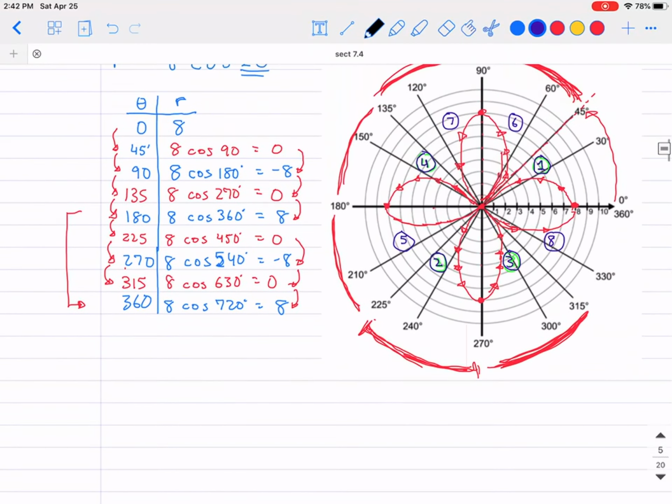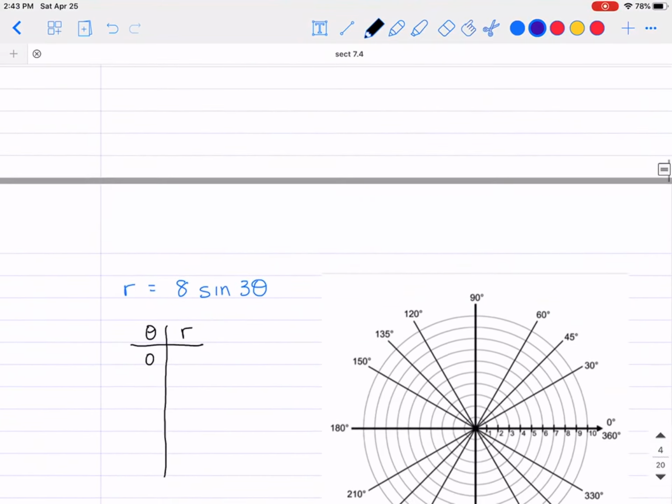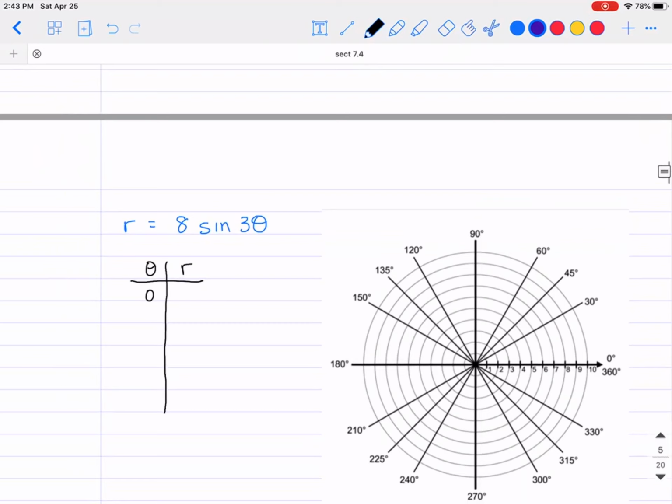And let's again think about the values of theta that we're going to be using in this problem in comparison to what we did in the past over here, in the last problem. Because of the argument of 2 theta, I had to change it so that I'm not using multiples of 90 degrees. Instead, I'm going to have to use multiples of 45 degrees because everything is compressed by 2.